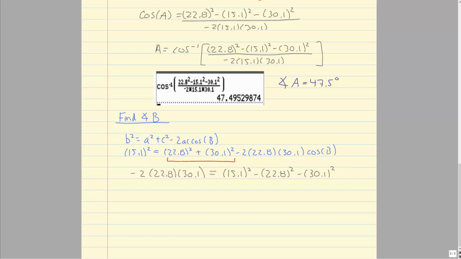Now this is times the cosine of b. I'm going to scoot these over because I've dropped the cosine of b. And then we'll divide both sides through by negative 2 times 22.8 times 30.1.